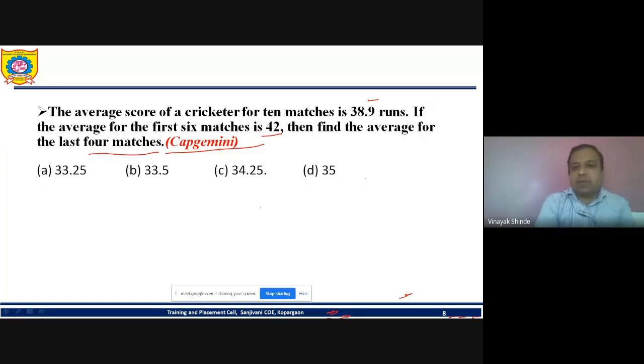Again, the same logic, average is equal to sum divided by total. Average for the last 4 matches means total number of observations is 4.